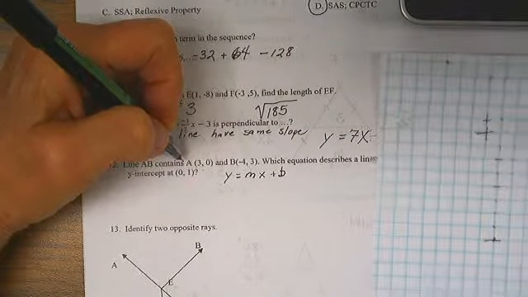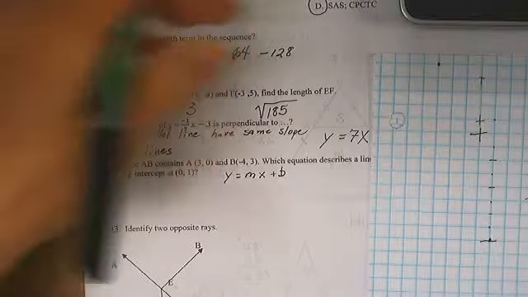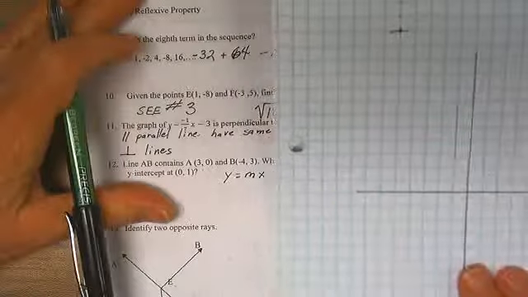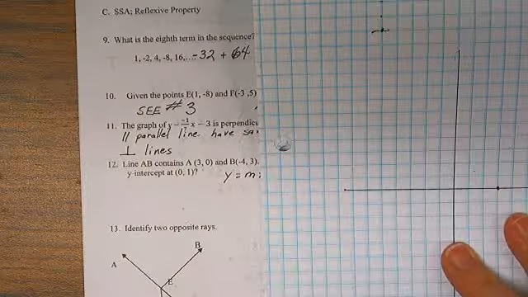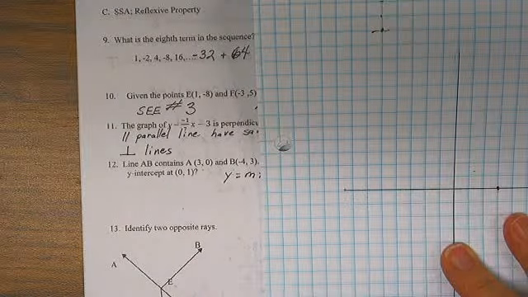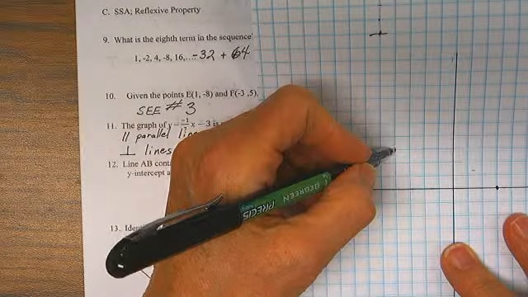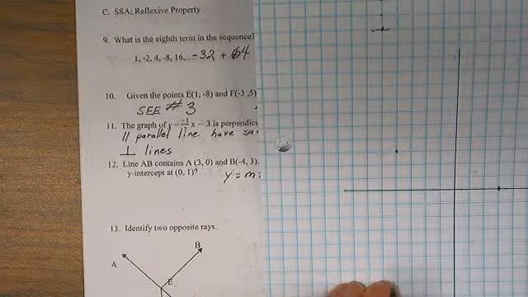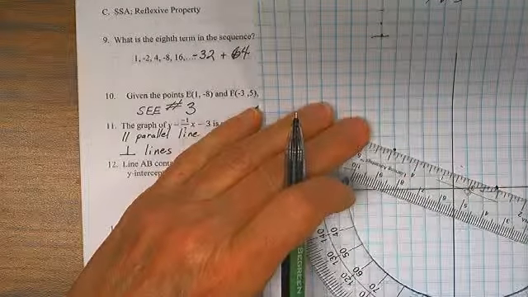If we have (3, 0), we can graph that here at (3, 0). The other point is at (-4, 3). So here's our original line.